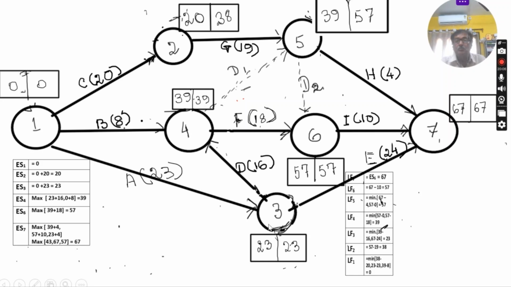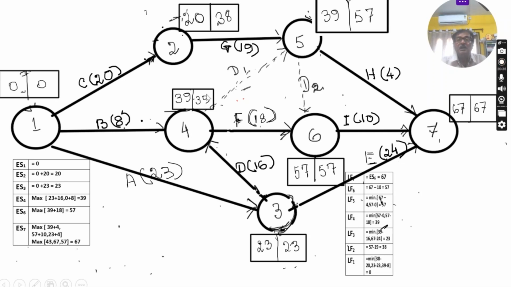Now S3, move to this. Which are the activities emanating from this node? This is 3-4 and 3-7. Both have to be completed. So the latest finish time here is 67 minus 24, that is 43.